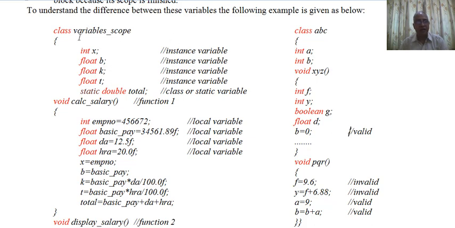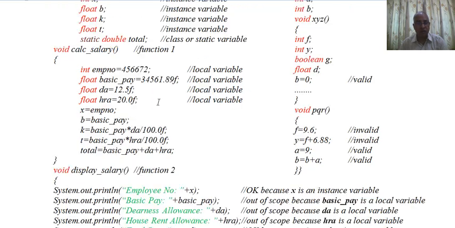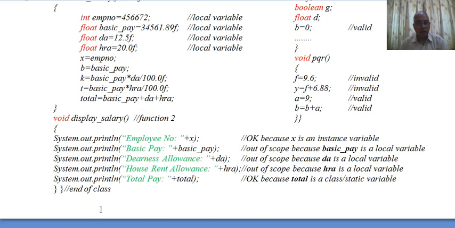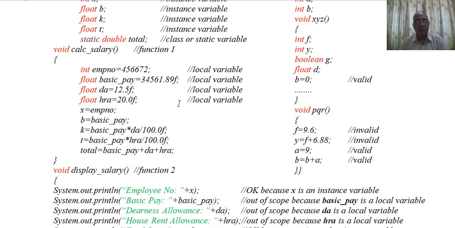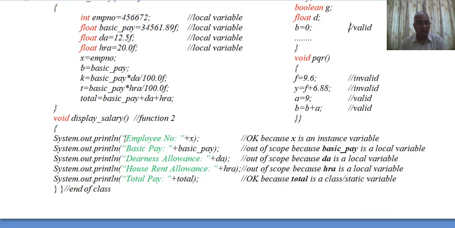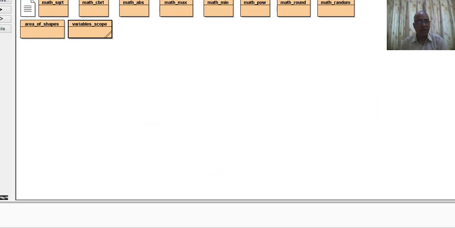If you make several objects of this class, each object will have x, b, k and t separately for each particular object, whereas a static double total will have only one shared copy of it in all the objects of this class, which I will explain just now when I come to the practical or executable part of this program. Now we will execute this program on BlueJ and see what result the computer gives.